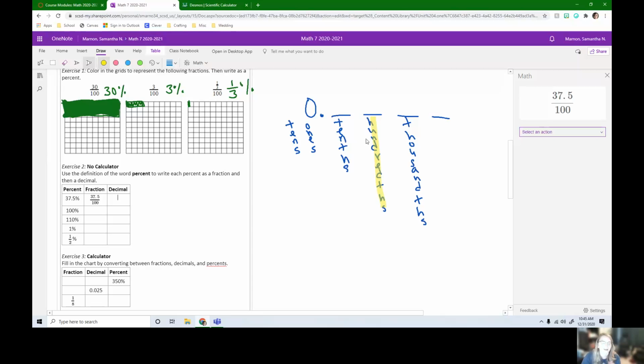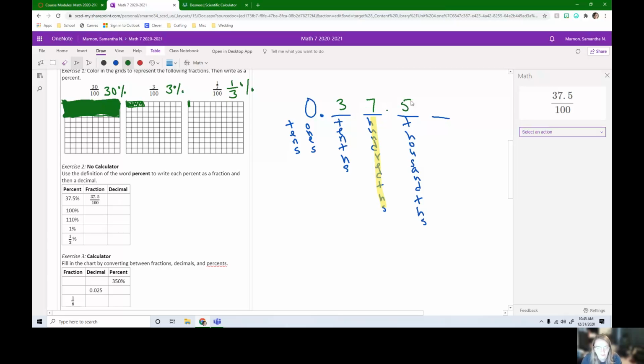Because it's hundredths, this number is 37.5 hundredths. So we can think about putting that number without the decimal there, so that it ends here. Pretending that decimal is here, you can see 37, right? That's 37 hundredths.